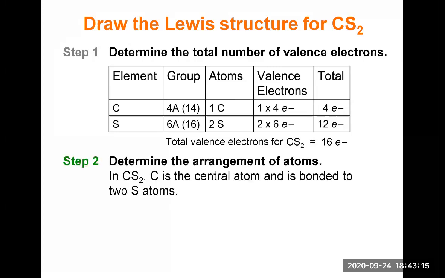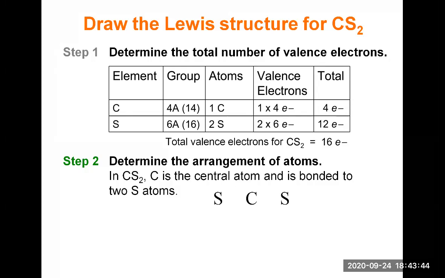Next, you want to determine the arrangement of the atoms. And so here again, when you have CS2, the first atom in the formula, if it's a single one, typically is in the center. And as I said with the carbon tetrachloride, carbon is always in the center. So put carbon in the center, and this time only 2 sides will be occupied by the sulfur.